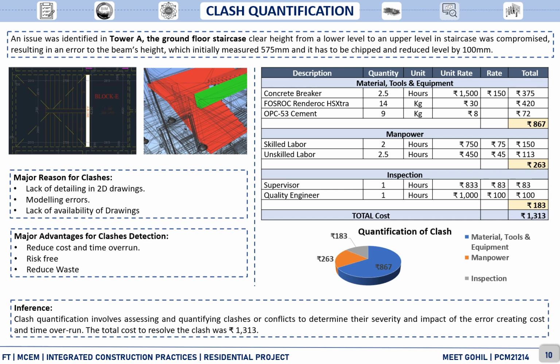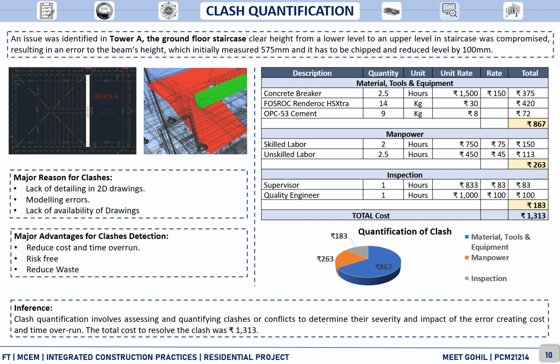We have found a design error at Tower A on the ground floor staircase where clear height from a lower level to an upper level in staircase was compromised, resulting in an error to the beam's height, which initially was measured as 575 mm, and it has to be chipped and reduced to level by 100 mm, concluding it to 475 mm by the structural consultant.